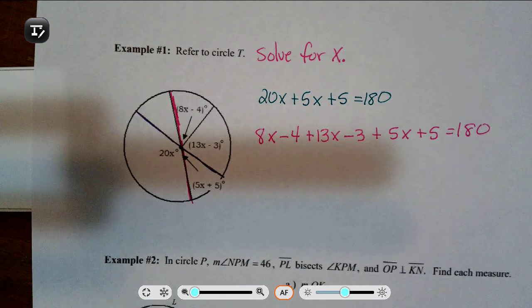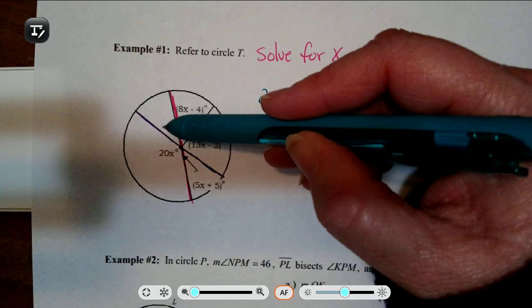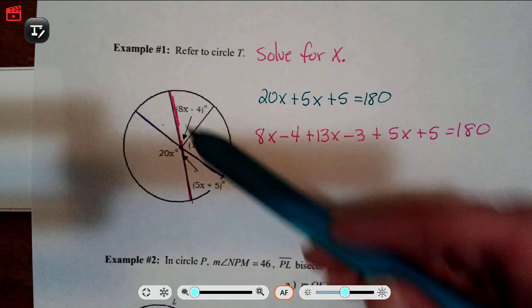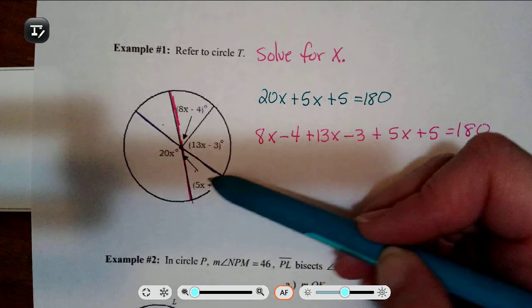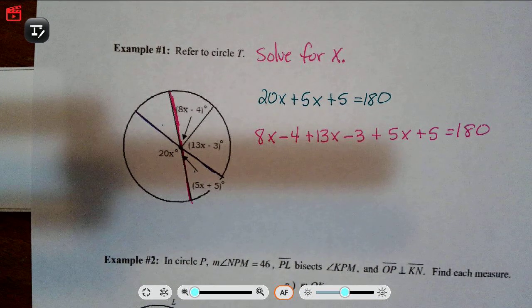So maybe perhaps that's what I saw. Maybe I realized that this angle and this angle are vertical, and maybe I'm looking at trying to get this line, but on the other side. So there's a few different ways that I can solve this.